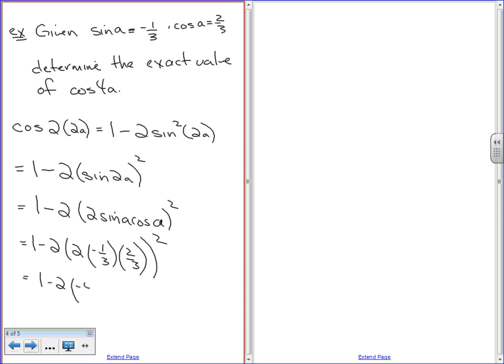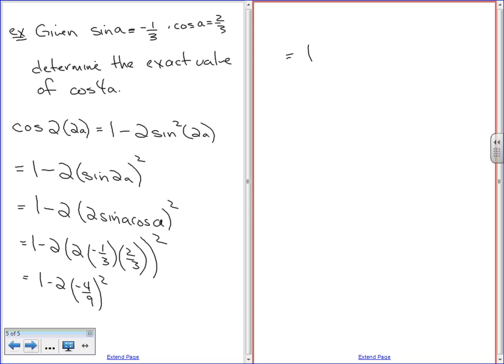So you get negative 4 over 9 squared, which is 1 minus 2 times 16 over 81, which is 1 minus 32 over 81, which is 81 over 81 minus 32 over 81, which is something over 81, which would be what? 49? Yeah, 49.